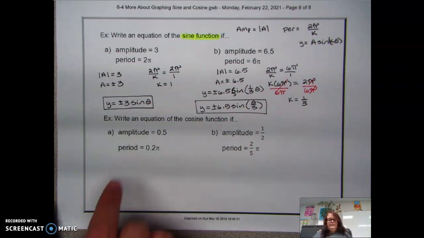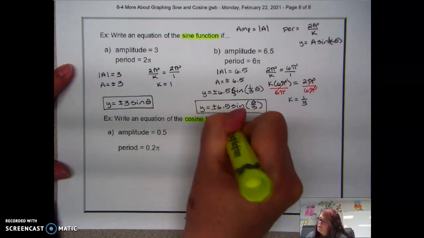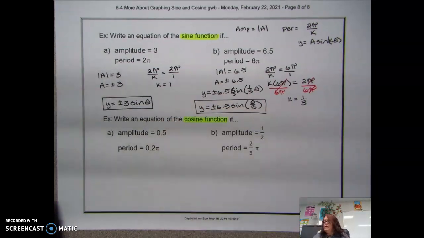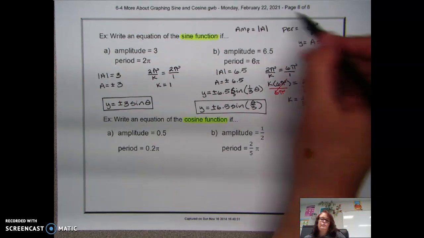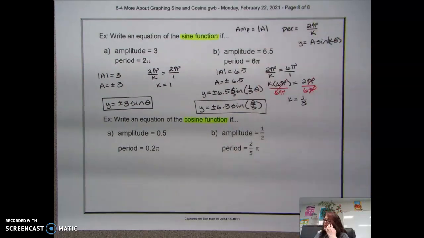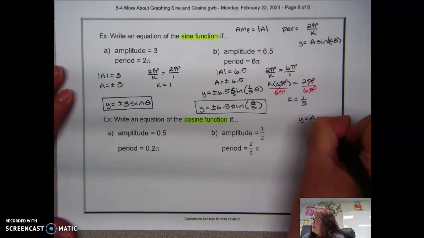Taking a look at the next example, the only thing that changes is instead of the sine function, we have the cosine function. And that parent graph still has a regular period of 2 pi. So our formulas don't change, but now we're talking about y is equal to A times the cosine of k theta.